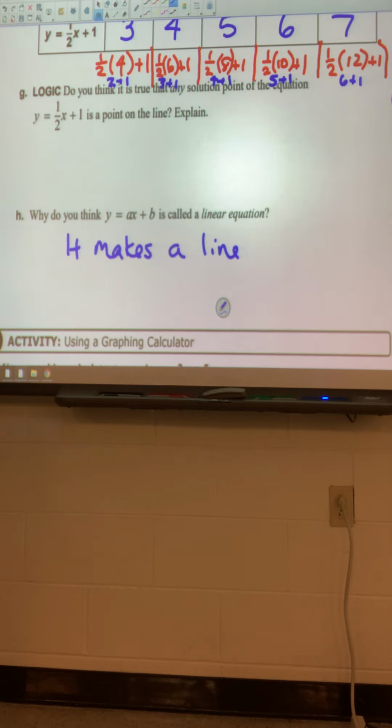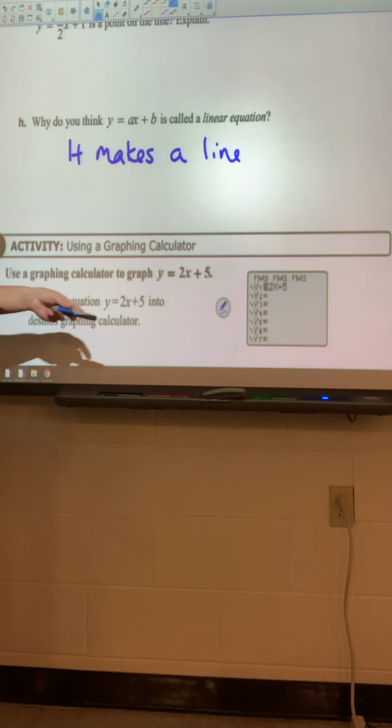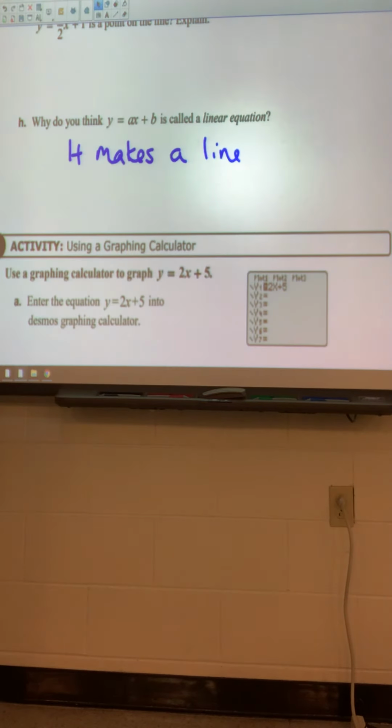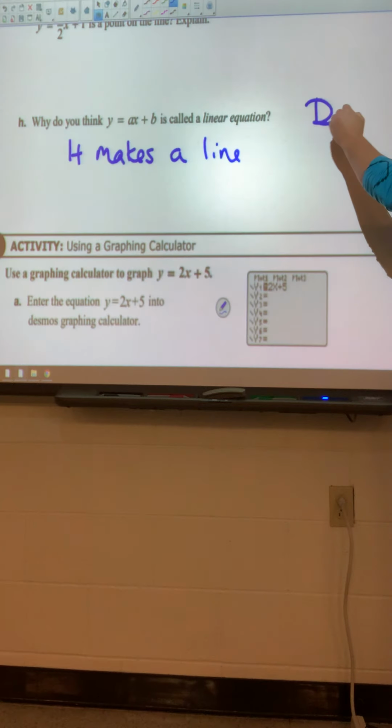I wanted to do the graphing calculator on Desmos, but maybe, actually, yeah, go ahead and get your Desmos, get your Chromebook, and I want you to go to, or just put this in your search if you want.